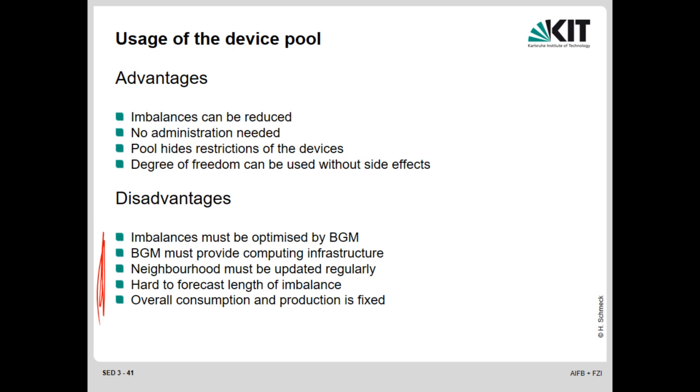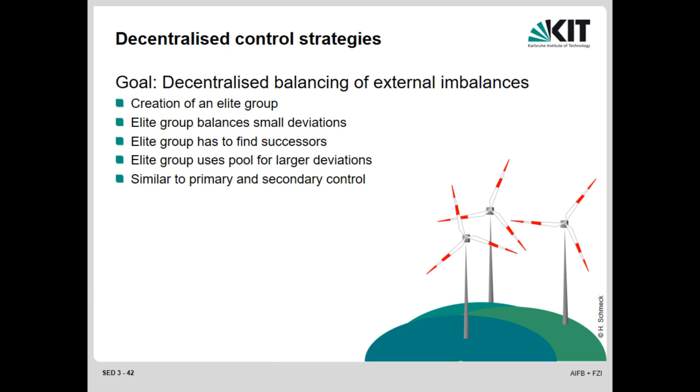And also, what is not listed here, the time requirements for optimization have to be taken into account. And so there's one more idea how we could actually work on that.